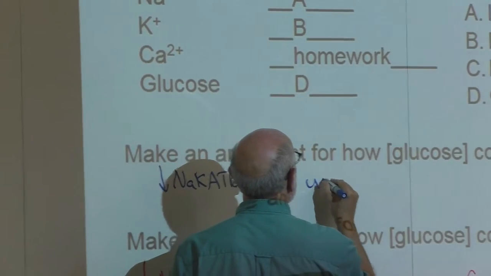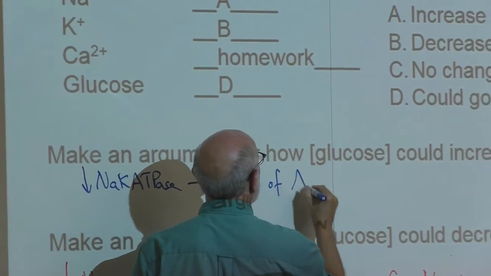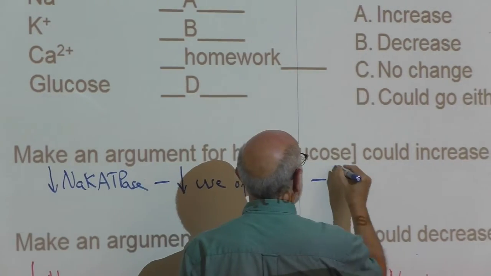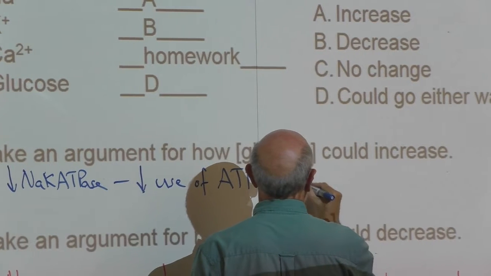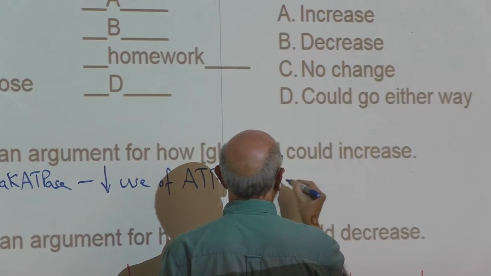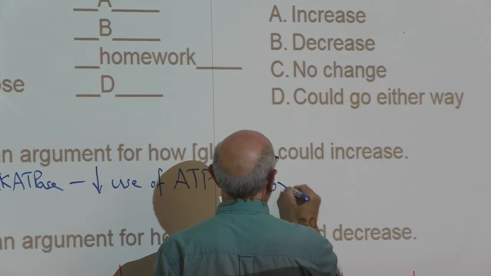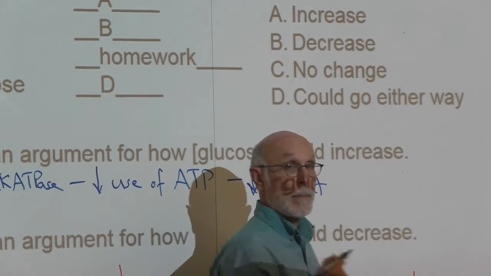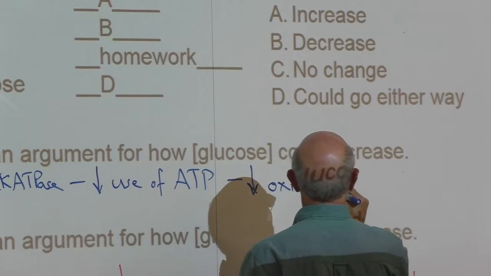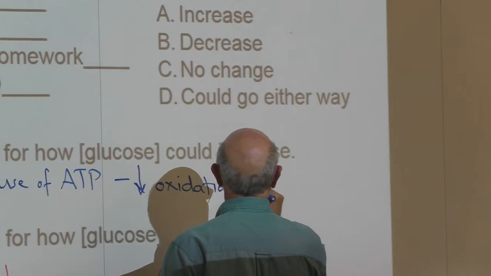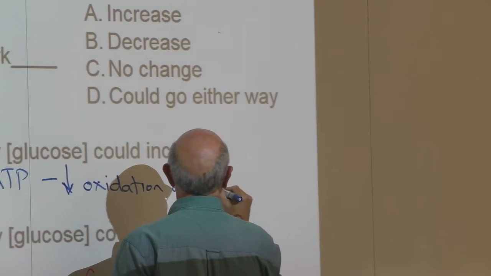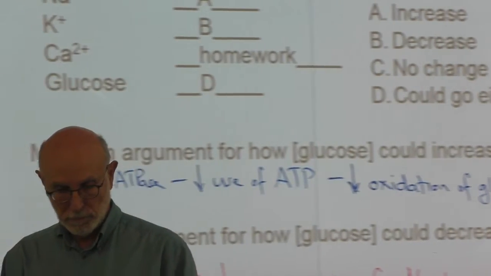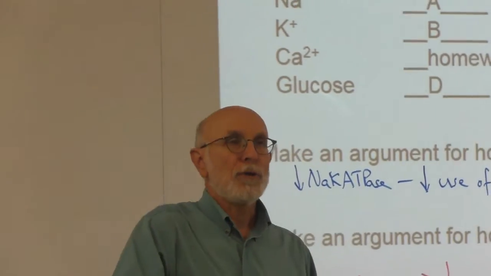decreases use of ATP, decreased consumption, oxidation of glucose, respiration, oxidation. This is getting at another concept from self-is, oxidation of glucose, which is glucose metabolism, right?